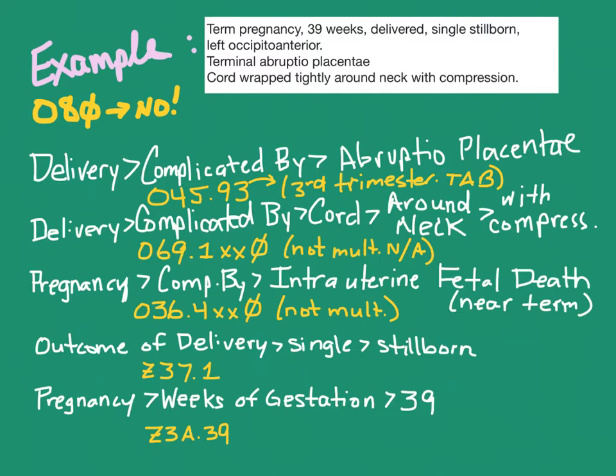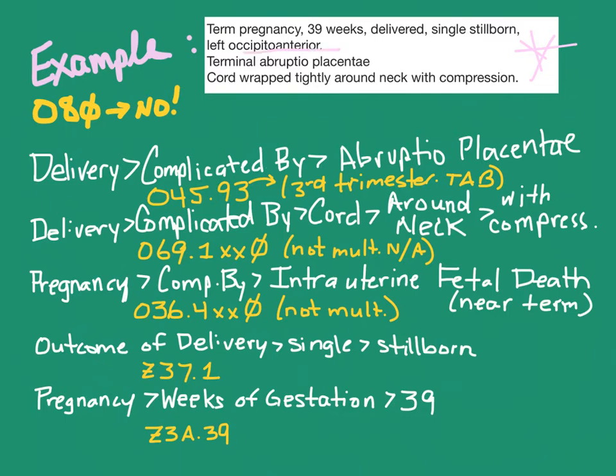Let's go ahead and take a look at an example from exercise 23.4 to pull in some of these concepts that we just reviewed. So here we have term pregnancy, 39 weeks, delivered, single stillborn, left occipito-anterior. This actually just means head first.